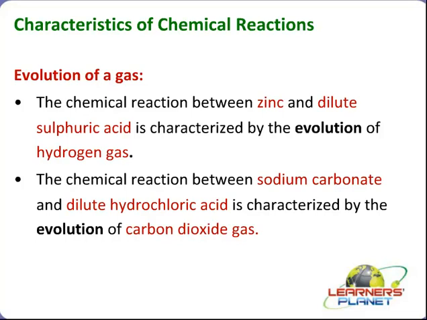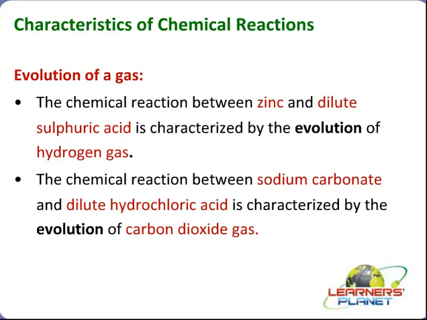So when you add dilute sulfuric acid to a test tube containing zinc, what will happen? After a few seconds, there will be bubbles formed in the test tube. So that indicates that the chemical reaction between zinc and dilute sulfuric acid has taken place.